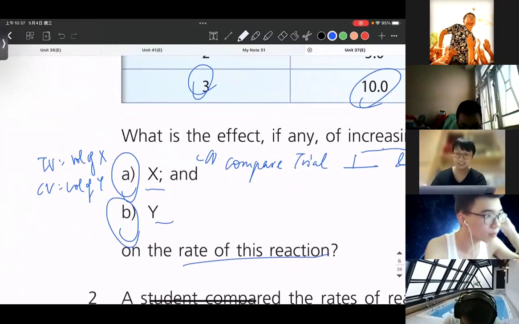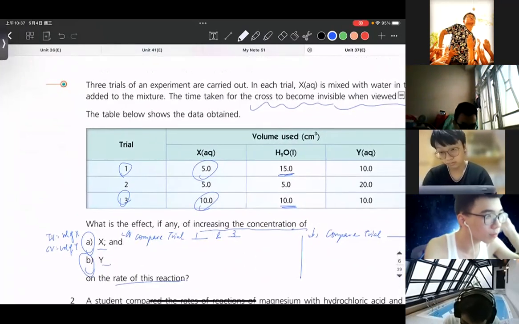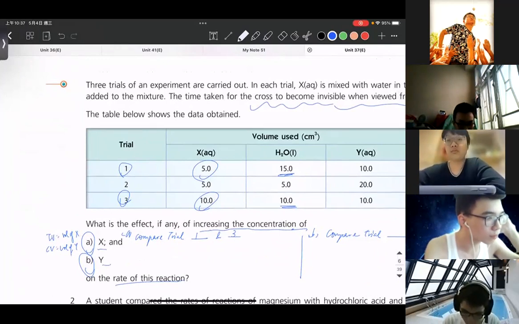Indeed. So what Deng Hou Yu has said is the volume of X and Y respectively, but it will be rather problematic. I just asked them, how come the volume of water is not the same? So what's the point of adding the different volume of water?